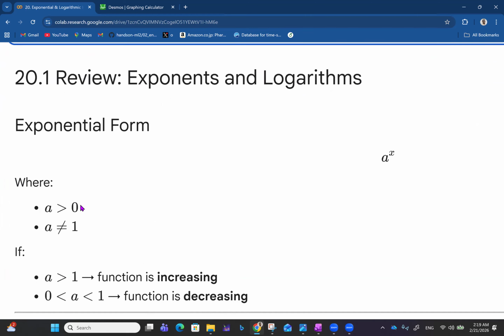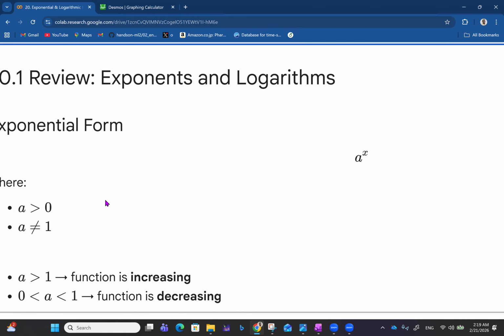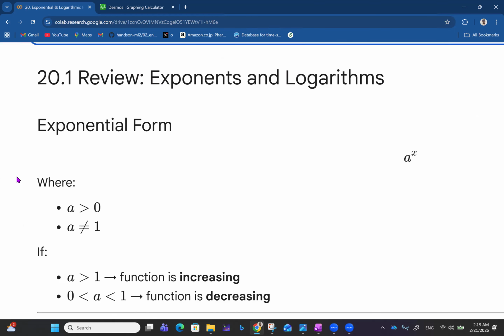No, that won't work, because a still holds for values between 0 and 1. Say a could be 1 over 10, it could be 0.75. So a holds for values between 0 and 1 and values bigger than 1, but it must be greater than 0, and it must not be 1.